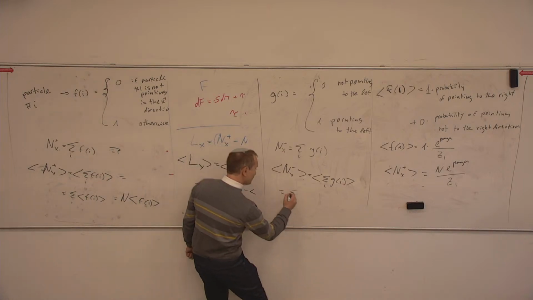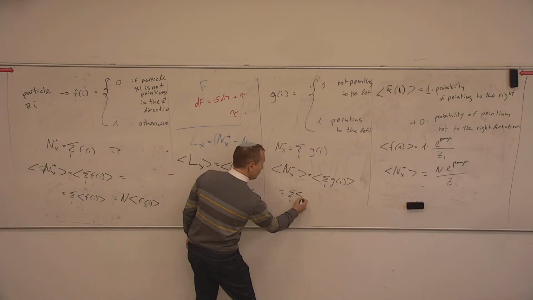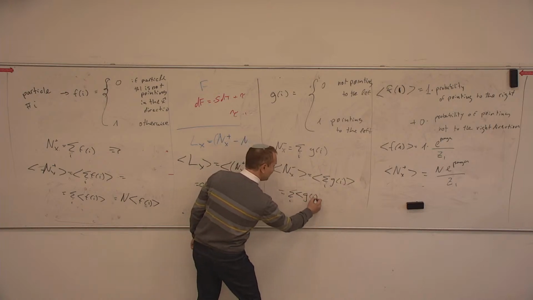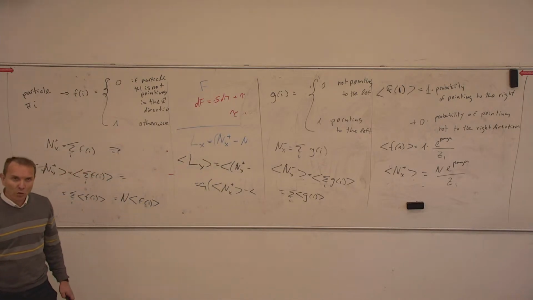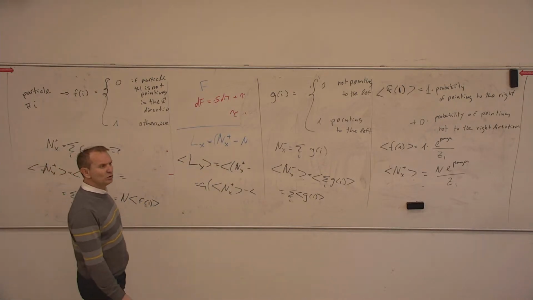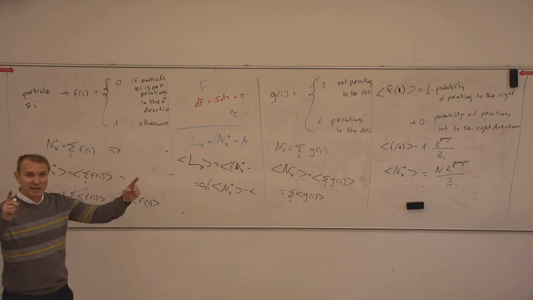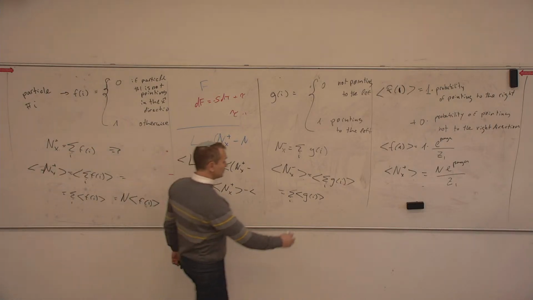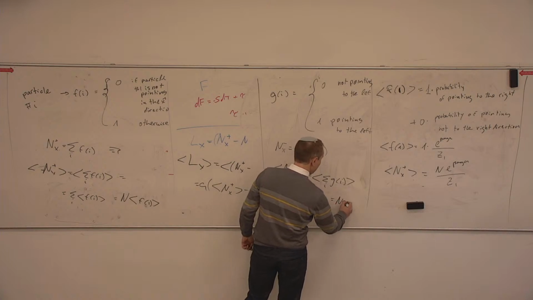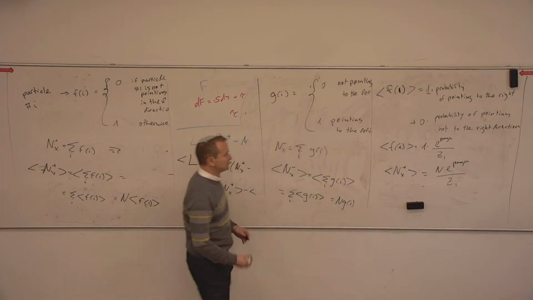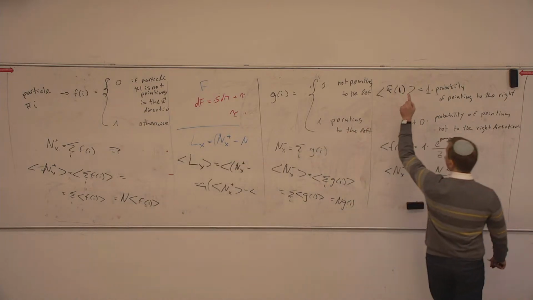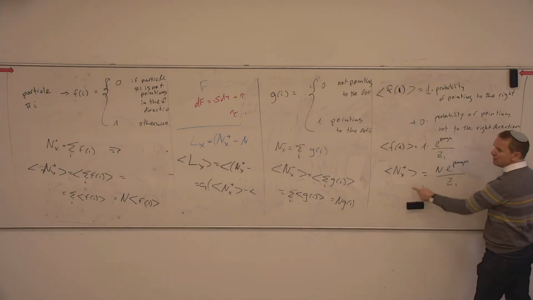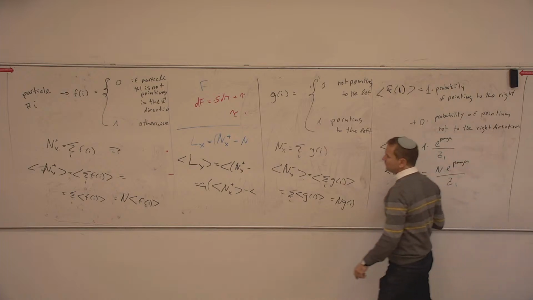So it is the sum over I of the averages of g of I. All the statistical properties of all the monomers are exactly the same, this is how I created them. So this is simply N g1.